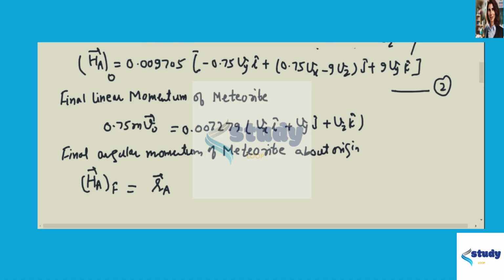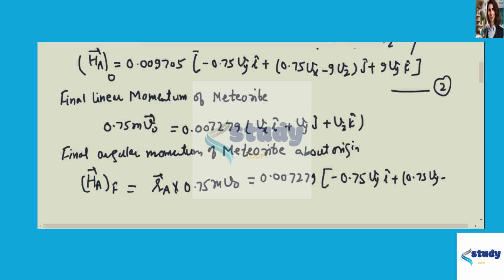So r A, 0.75, and we note all quantities will be the same, only this quantity will change by 0.75 times. So you may write 0.007279 into minus 0.75 Vy i cap plus 0.75 Vx minus 9 Vz j cap plus 9 Vy k cap.